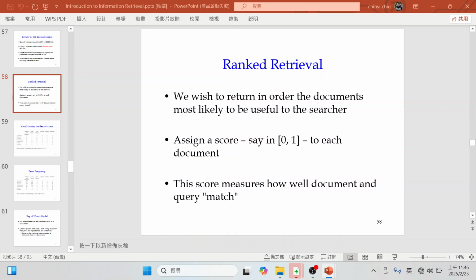Maybe you can perform some partial match. So we will assign a score to each document with respect to the query, maybe from 0 to 1. The score can be used to reflect how well the document and the query match.